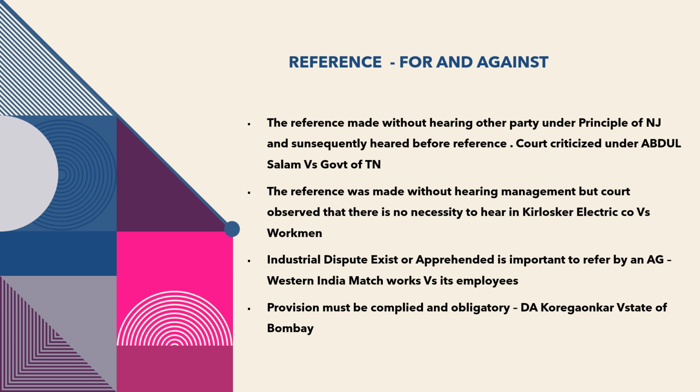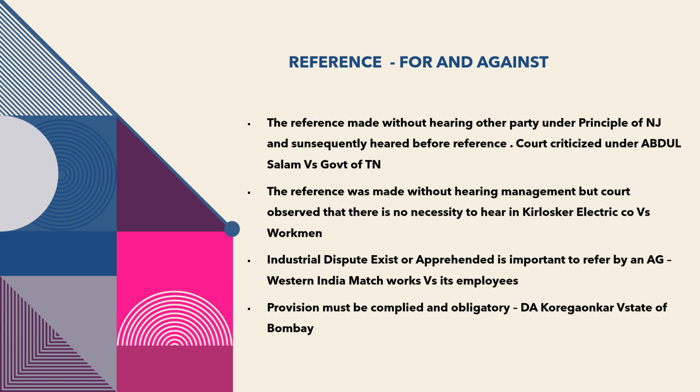In another reference, it is important that an industrial dispute exists or is apprehended for the appropriate government to refer it. If the government decides that the matter is to be referred, then it can refer the dispute to the court for adjudication. The time limit is not mandatory for the government, so there is no time limit to refer the matter.